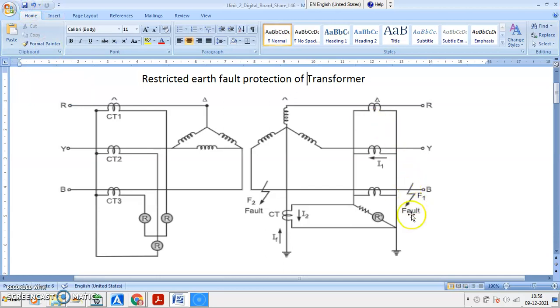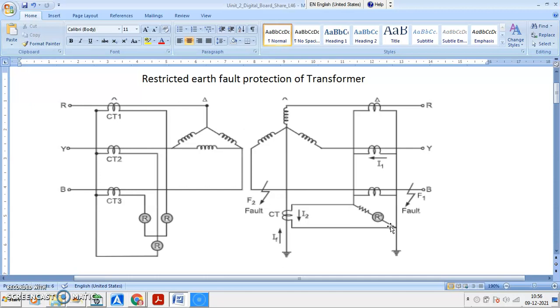Okay, so whenever there is a fault outside the transformer primary winding, no current will flow, means negligible current will flow through R dash, and when negligible current will flow through R dash, normally relay will not operate. Okay, so this is a restriction.